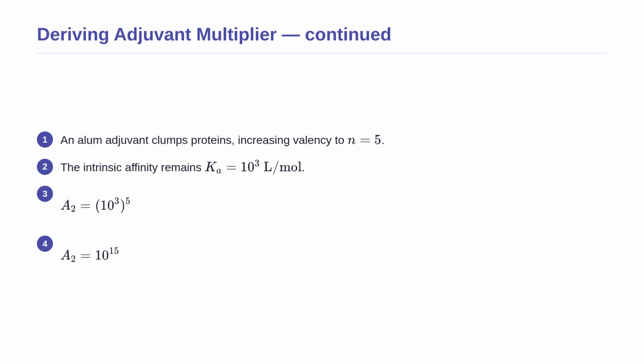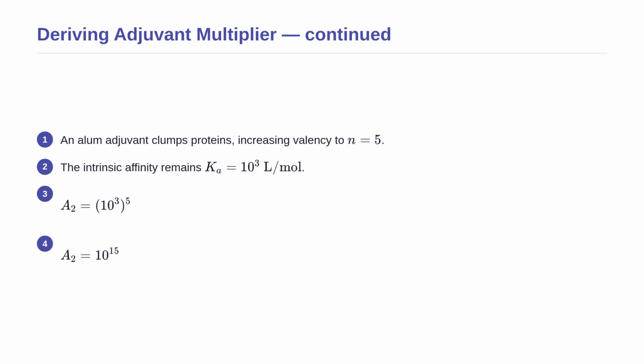To see how we fix this weak vaccine, let us derive the impact of adding an alum adjuvant. The adjuvant physically clumps the proteins together, creating a much larger structure. This effectively increases the valency from 2 up to 5. The baseline affinity remains 10 to the power of 3.